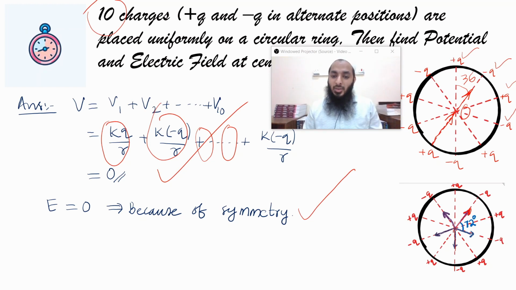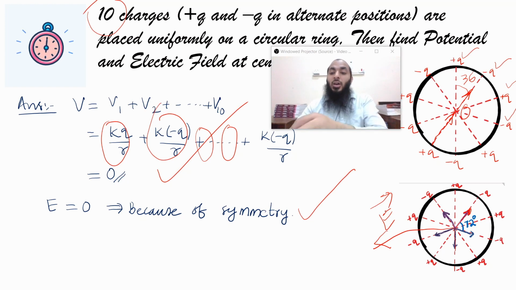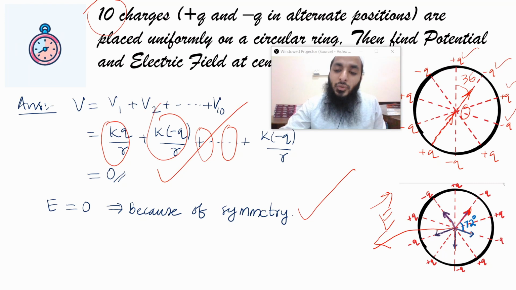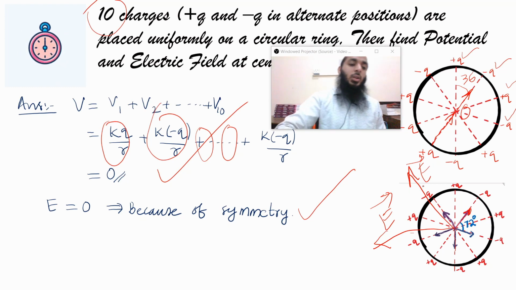Did you understand the logic? Let's say electric field is like this. This is the direction in which electric field is present. But now if you rotate the system by 72 degree, you will get the same system. So the electric field should be here, but electric field would have rotated by 72 degree. So how can these two electric fields be same? It cannot be same. It can be same only if electric field is 0.